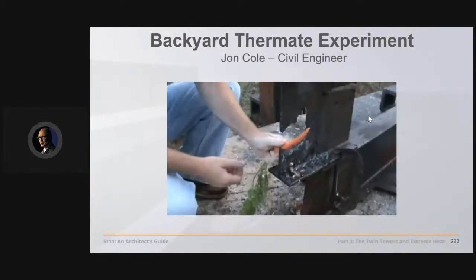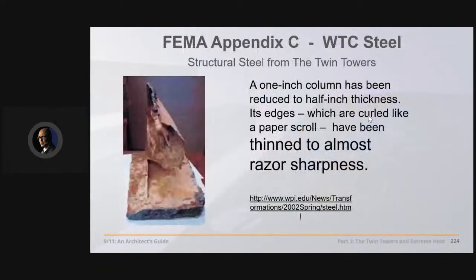Wait, where did we see that again? Oh, in the FEMA report, Appendix C, thinned to almost razor sharpness. So he was able to duplicate the experiment that shows how this World Trade Center steel attack with hot sulfur corrosion could have been done.